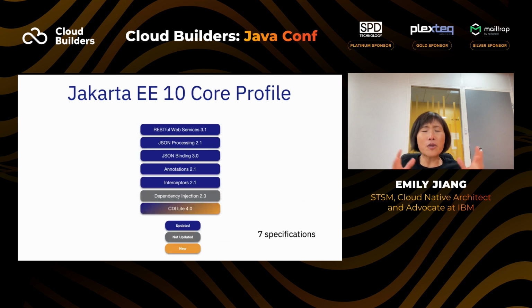Then we go even smaller for some core specifications. We group them together and call it the core profile. It has Jakarta RESTful Web Services, JSON-P, JSON-B, annotations, interceptors, dependency injection, and CDI Lite. These seven specifications come together to form the core profile.